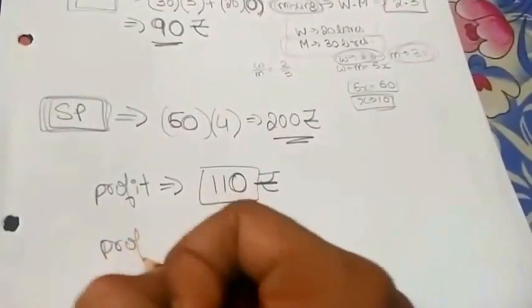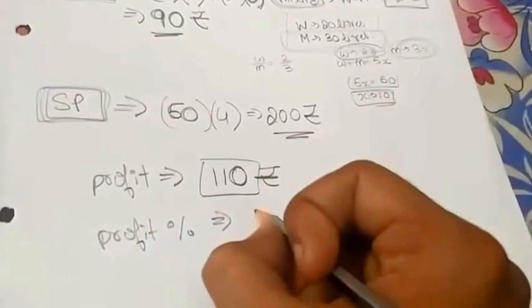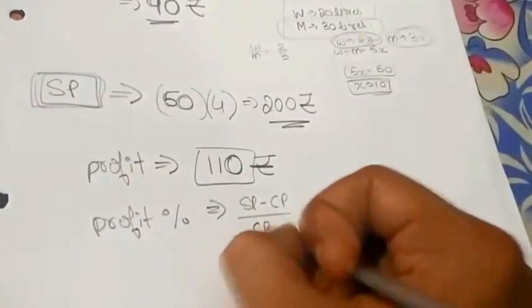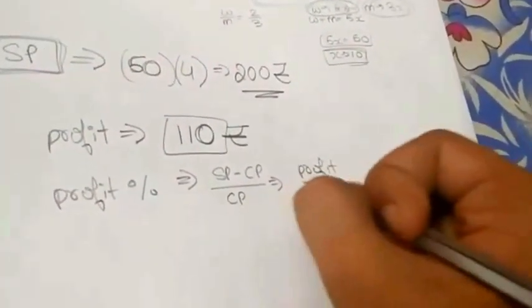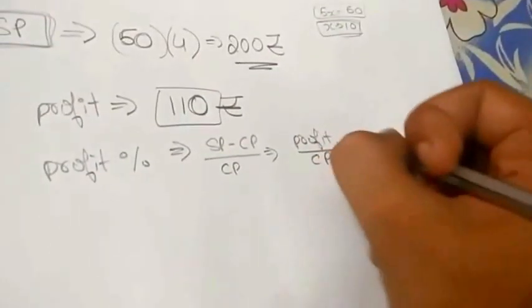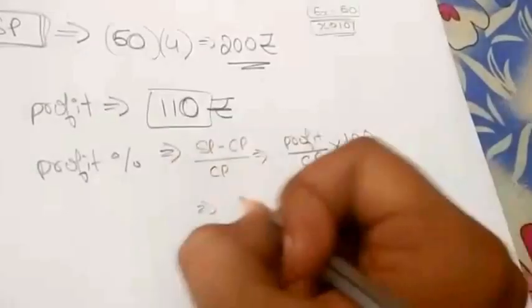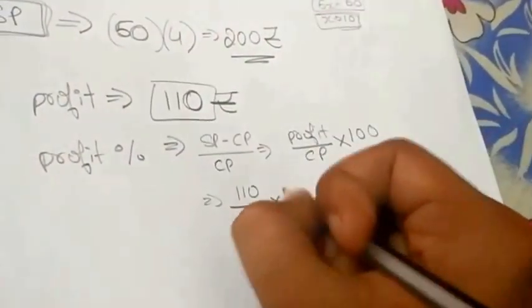And now the profit percentage is SP minus CP upon CP, or profit upon CP multiplied by 100, and that would be 110 divided by 90 into 100.